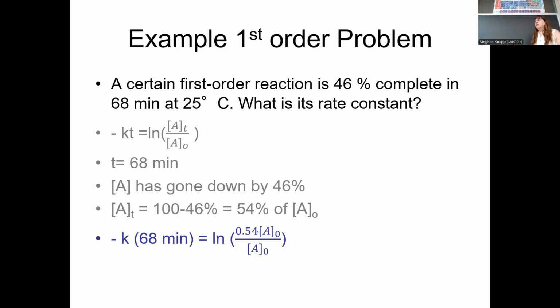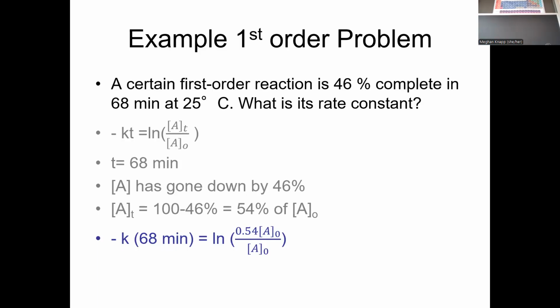Okay, so that's plugging in all of those variables there. Everybody see how I got this here? Okay, this is coming from subtracting that 46 from 100% and then changing it to a decimal. Now, initially, you might think, oh no, I have too many variables.